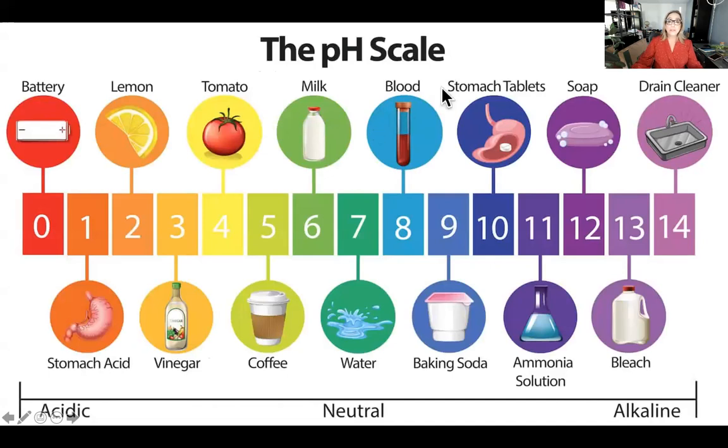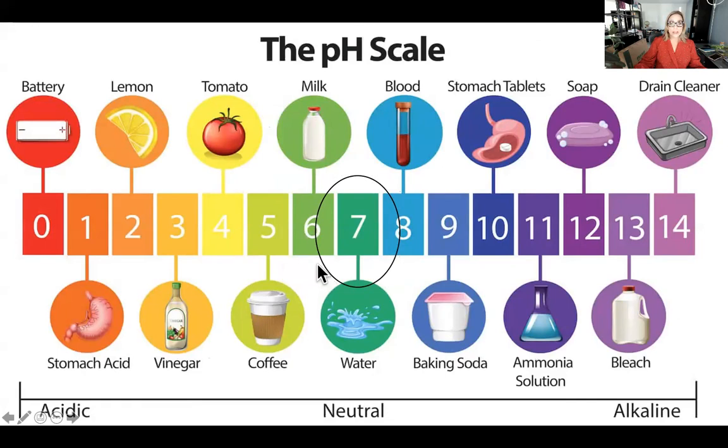Now, this is the pH scale. So this is a really clear way to see how the pH scale works. So we have neutral pH, that is pH 7. Hold on, let me move my circle. There we go, pH 7, which is pure water.